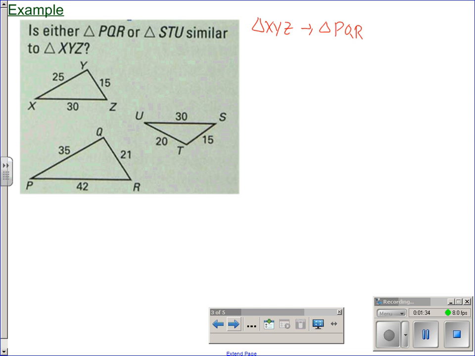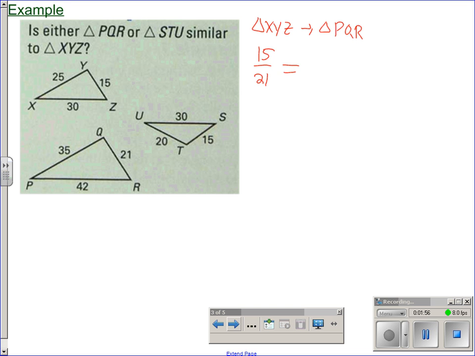All we know are three pairs of sides, so obviously we're going for the side-side-side similarity. But again, what we're looking for is equal proportions between those corresponding sides. In triangle XYZ, I'm going to start with the smallest side, that's 15. It corresponds to the smallest side of triangle PQR, which is the 21.